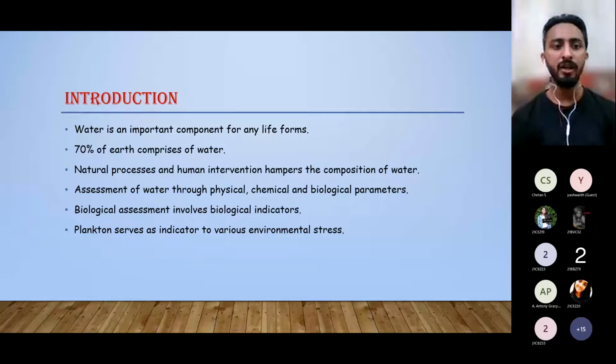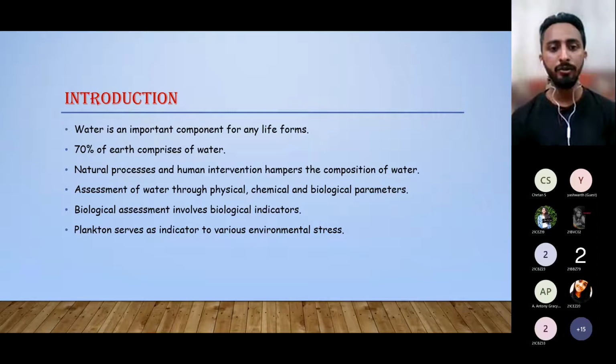Natural processes include weathering of soil, erosion, and runoffs through rains. Whereas human intervention mostly refers to the use of fertilizers, which get washed off to the nearby water body, and ultimately to the oceans, which hampers the overall marine life.